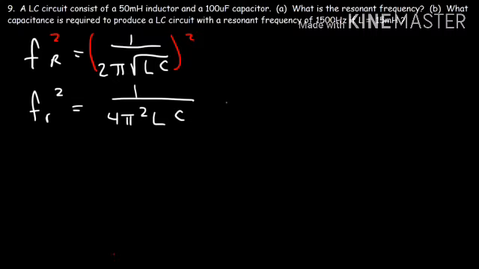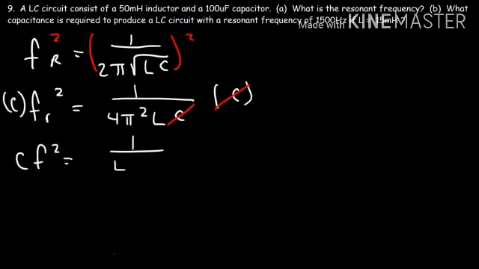So now what we're going to do is multiply both sides by C. On the right side, these will cancel. And so we have C times F squared is 1 over 4 pi squared times L. Now let's multiply both sides of the equation by 1 over F squared.